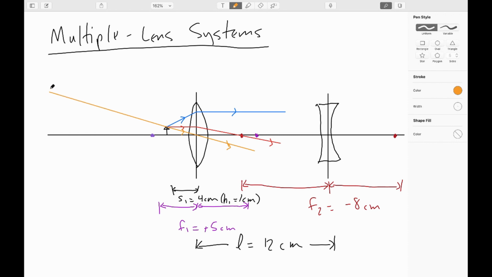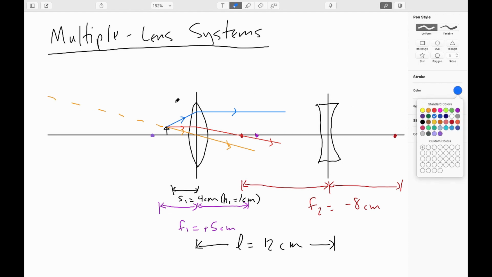It's pretty good right there. Sorry. Go ahead and backtrack the ray. Dashed line. That's pretty good. We'll backtrack that one.